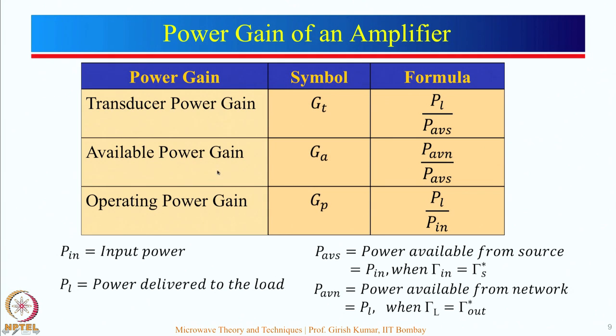So, that means maximum available power from a device would be when input as well as output impedances are complex conjugate of the source and load impedances. In that particular case, we actually say that this is the maximum available power from an amplifier.